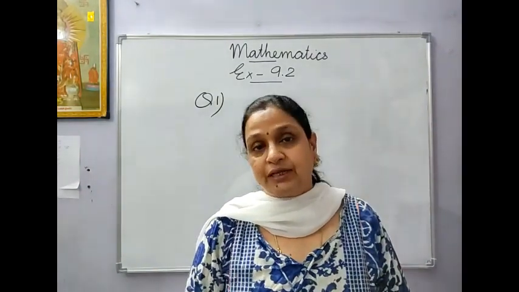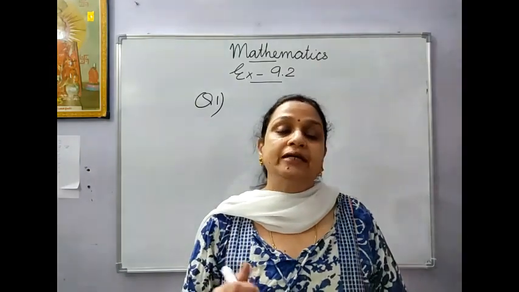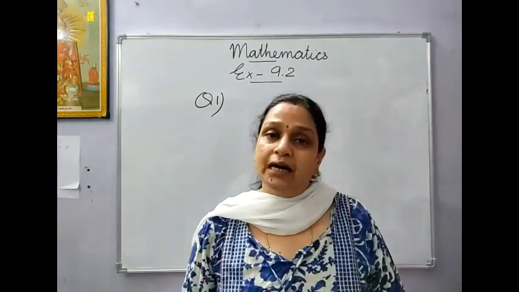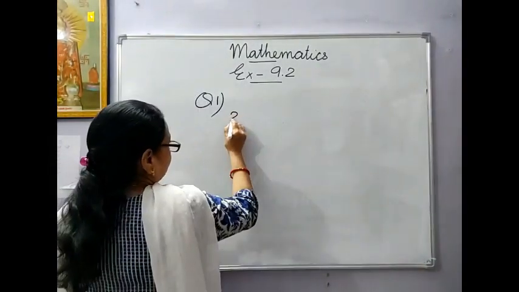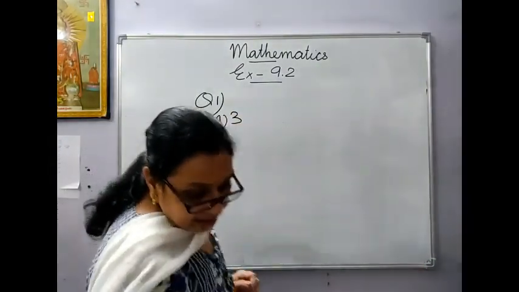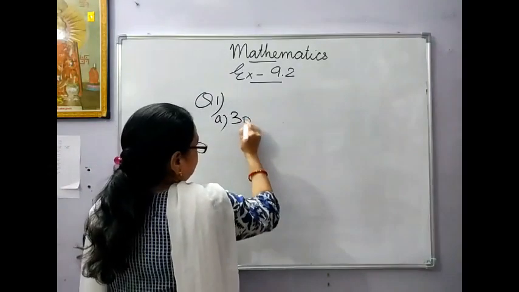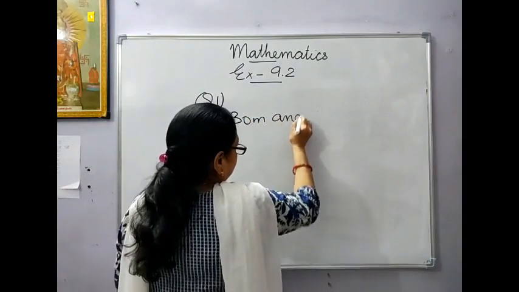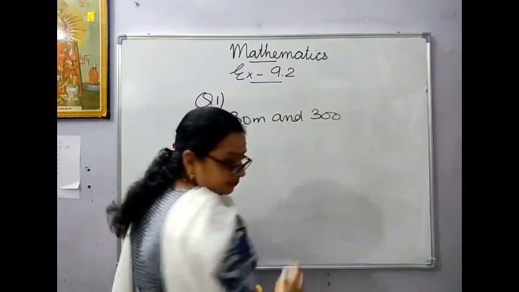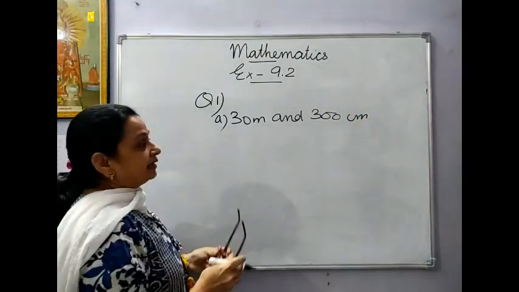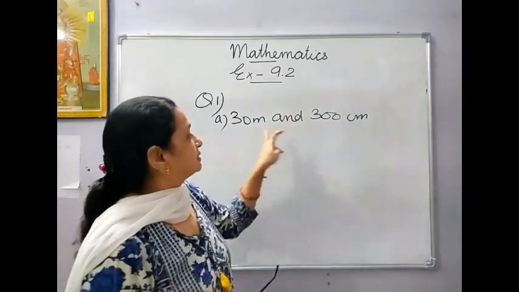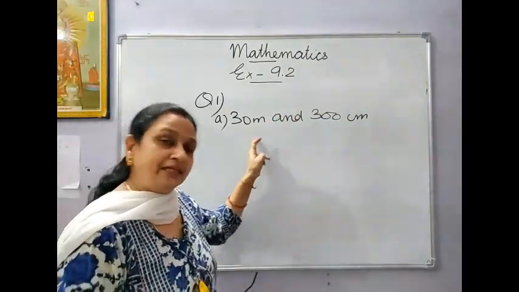Another method is also there, that also I will tell you, so that it becomes easier for you to understand. See the first sum, A1, 30 meters and 300 centimeters. That day I explained to you how to convert the smaller unit into the bigger unit and then compare.